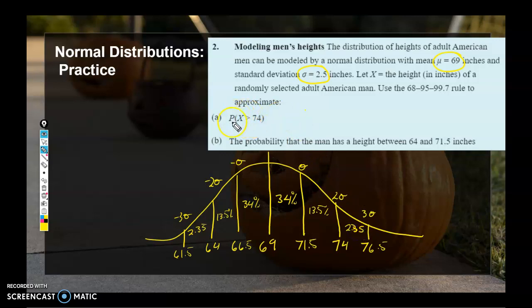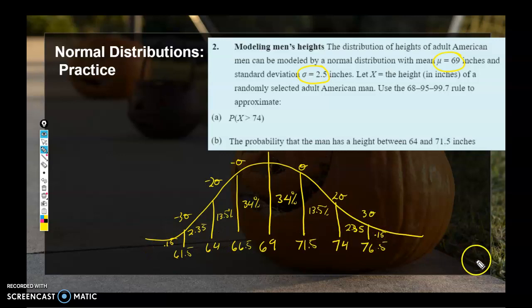Okay, so if I want the probability that x is greater than 74, also there's 0.15 in each tail, from here to forever. So now we have everything we need.